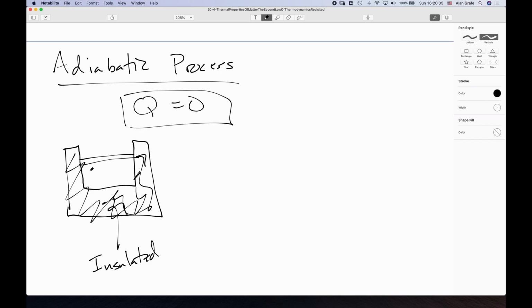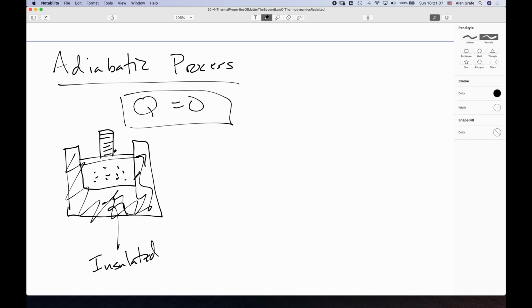And then we've got some gas in here, and we can control the pressure by having a stack of coins sitting on top of it. Very slowly, one by one, you take the coins off and let them settle. You need to do that so that at all times you have a well-defined pressure and volume. If you take too many off at once, the pressure in one part of the gas won't quite be the same as in the other part, at least for a little bit.